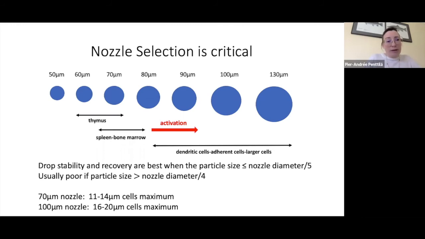For example, in our facility, we have systems that can use anywhere from a 70 micron, an 85, 100, 120, or 150 micron nozzle to accommodate a variety of different cell types and particle sizes.